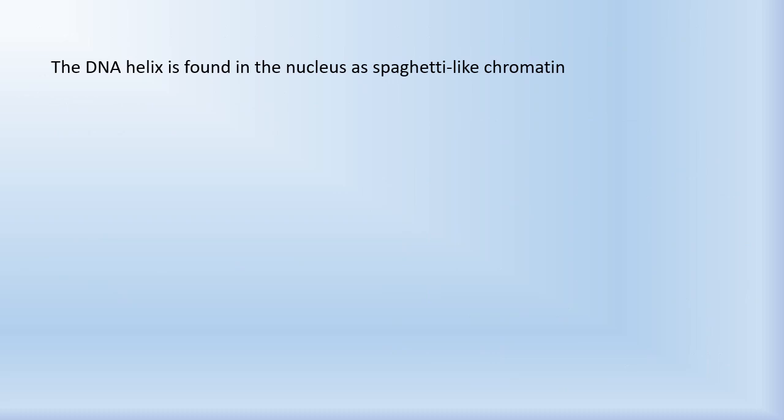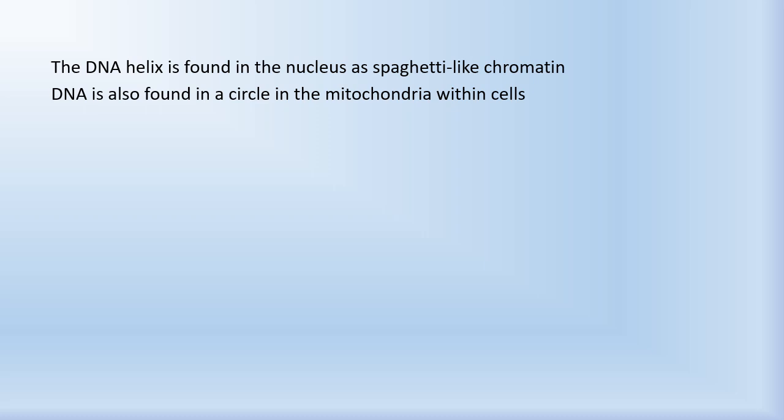The DNA helix is usually found in the nucleus of cells as spaghetti-like chromatin. Generally, chromosomes only form just before mitosis or meiosis. DNA is also found in a circular form in the mitochondria within cells.